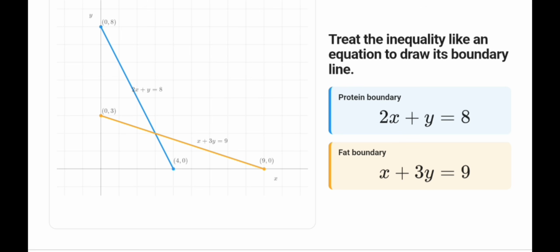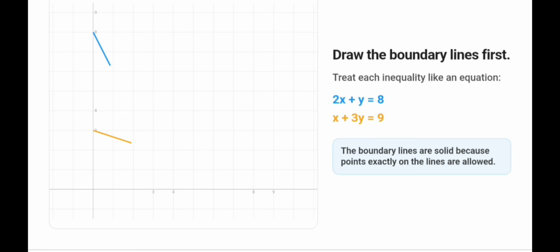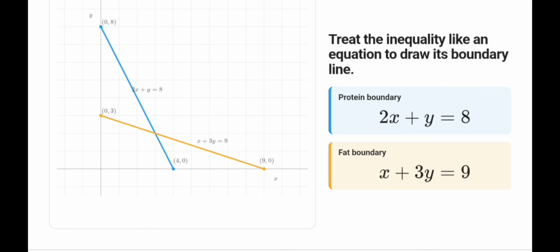To graph each inequality, its boundary line is drawn by first treating the inequality like an equation, such as 2x plus y equals 8 or x plus 3y equals 9.